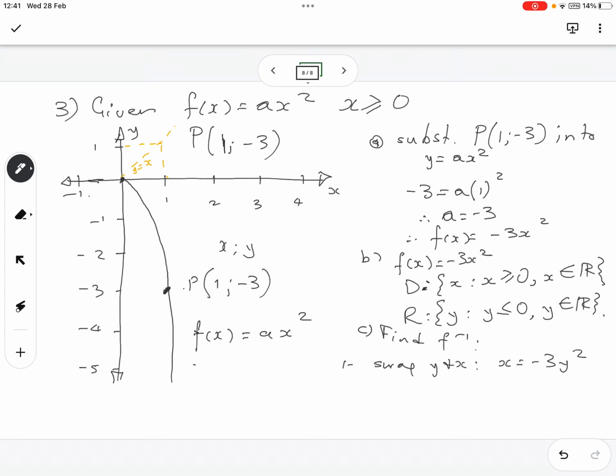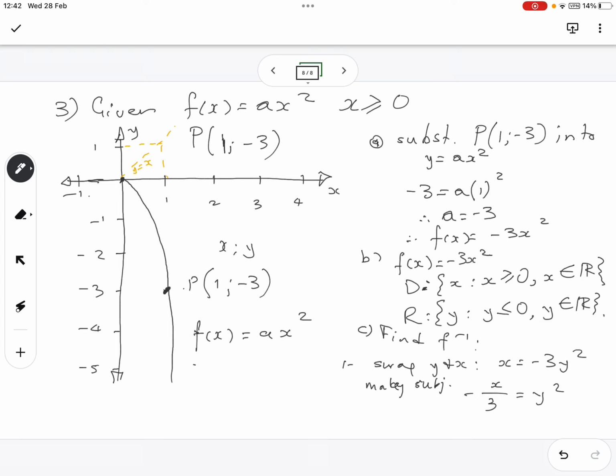Perfect. And then we make y the subject of the formula. Then y is equal to, and then you root it. And then we take the square root, right?